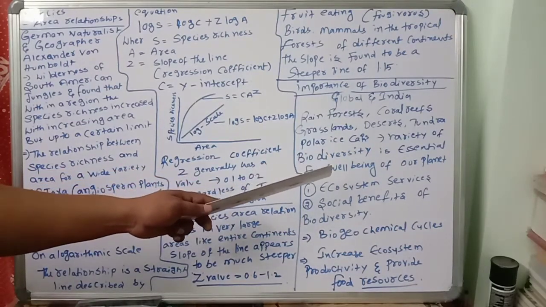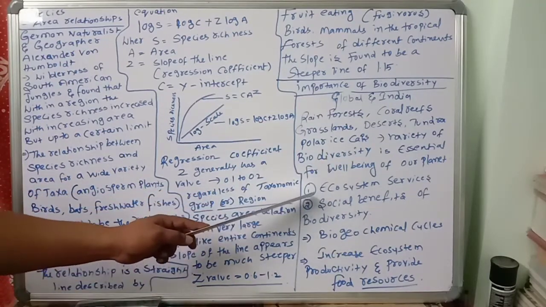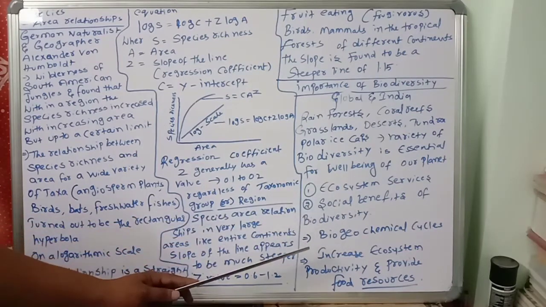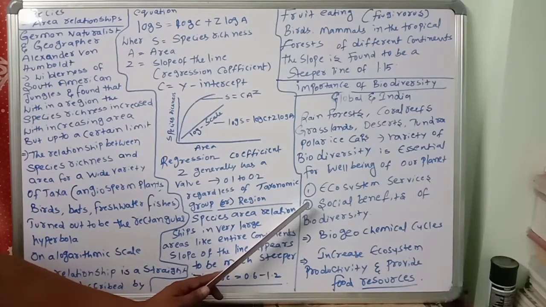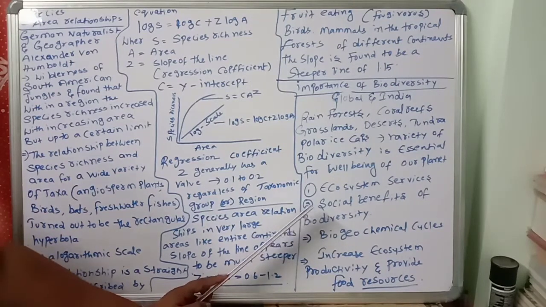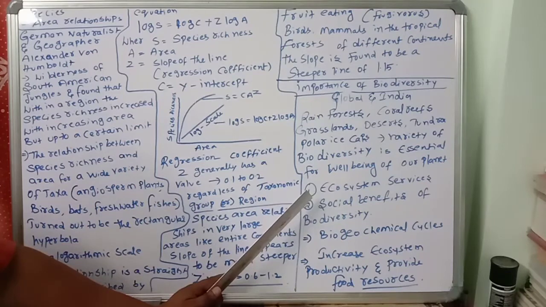The importance of biodiversity can be viewed and measured as: one, ecosystem services; biological resources; and social benefits of biodiversity. Today we will discuss ecosystem services.